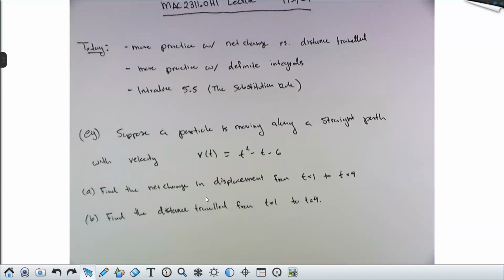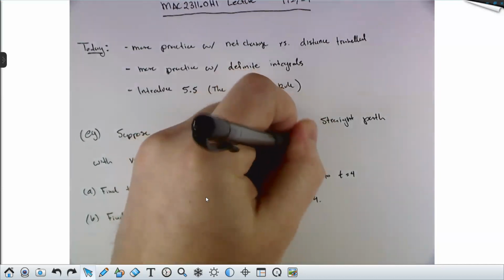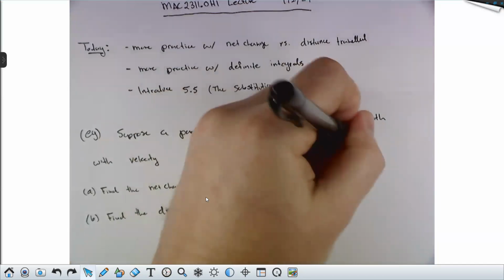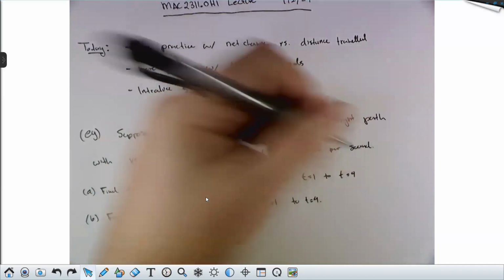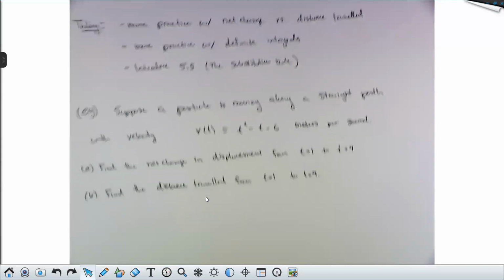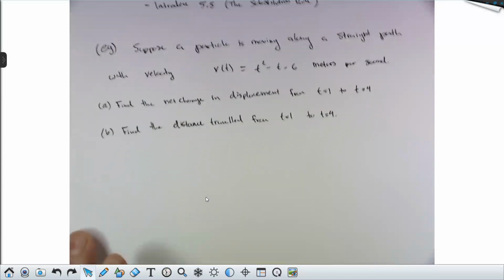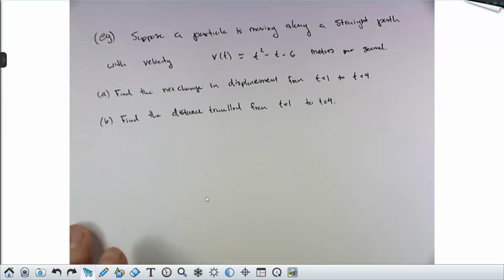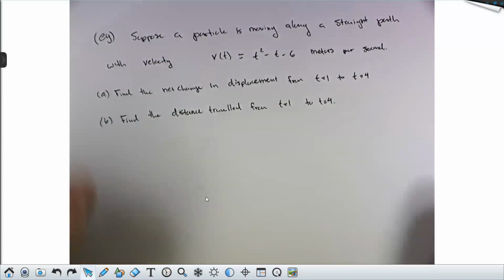All right, so maybe this velocity is being measured in meters per second. And these times are in seconds. The first part is not at all hard. We remember from Ben's lecture that the net change in displacement is just the integral.